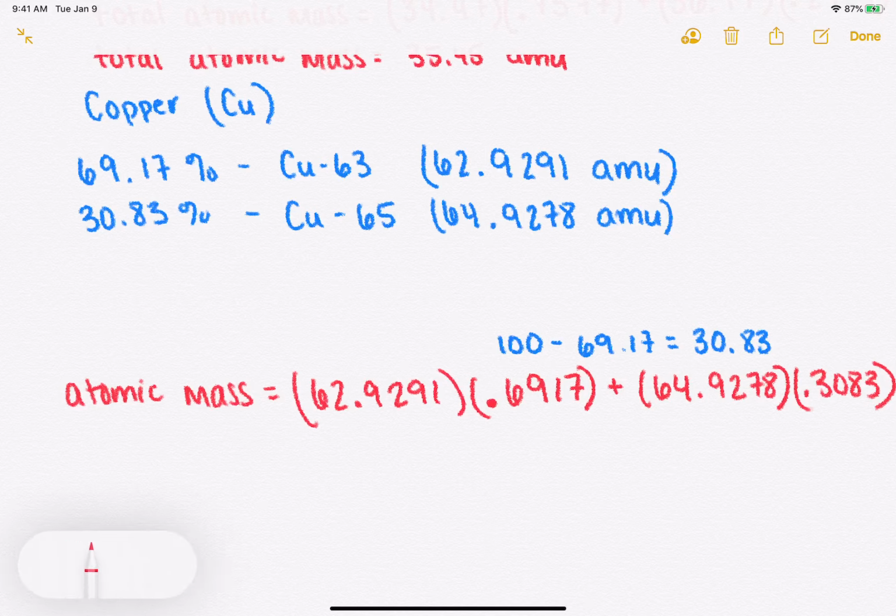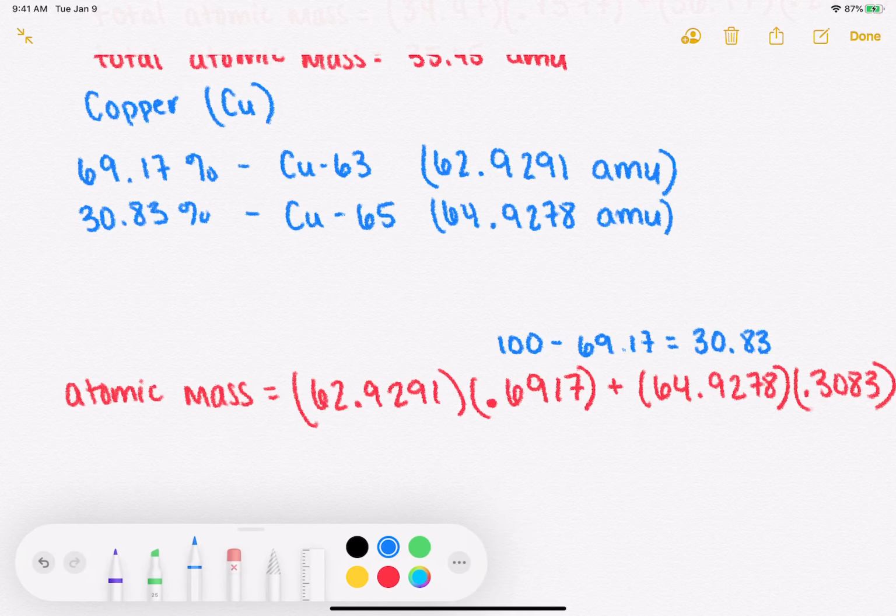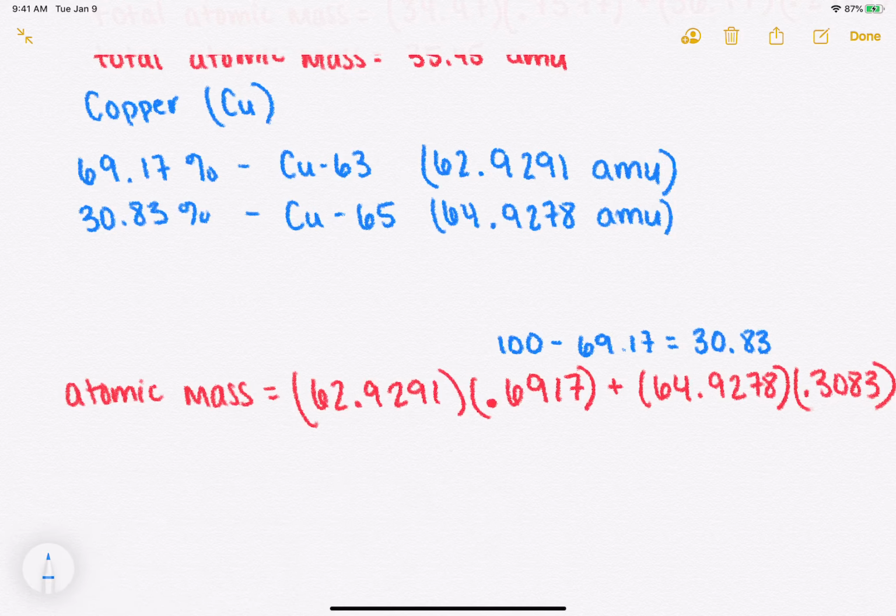So let's pay very close attention to our significant figures when we're solving this problem. So this value here, the mass, this is a measured value. So we have 6 significant figures here. All of those digits are significant. And then in the second value, the percentage, we have 4 significant figures.